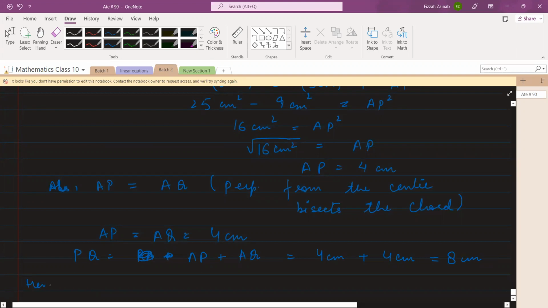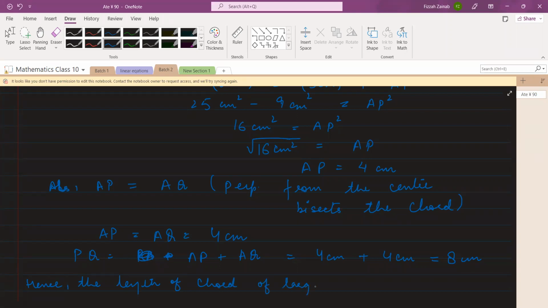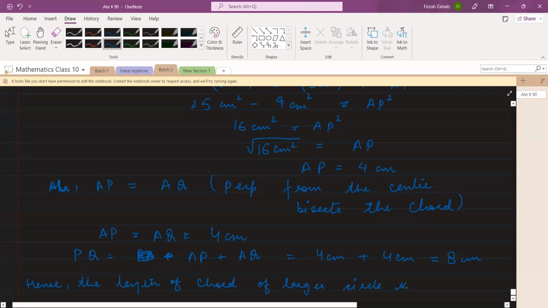You can conclude with a line in the language of the question: hence the length of the chord of the larger circle is 8 centimeter.